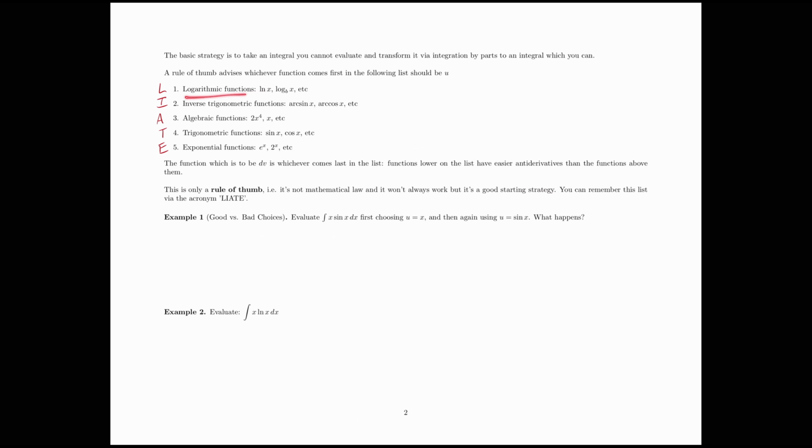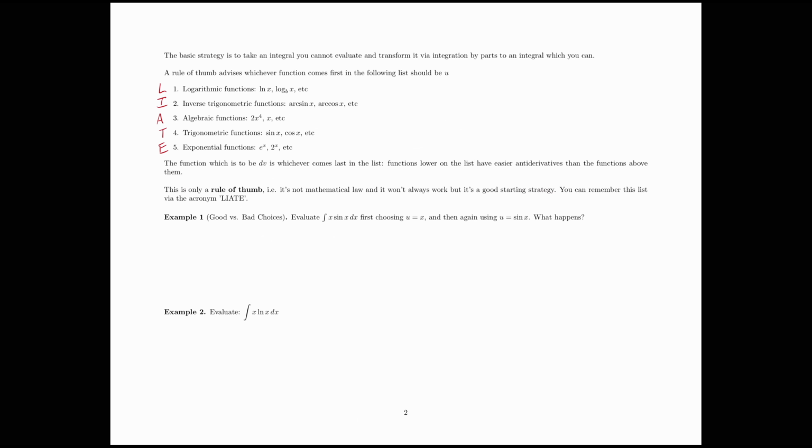Logarithmic functions: natural log of x, log base b of x, maybe log base 10 of x, the common logarithm. Inverse trig functions. Algebraic functions, in other words, polynomials. Trig functions, sine, cosine, not the inverse trig, just regular old trig functions. And exponential functions, e to the x, which is what we're mostly familiar with, but also any kind of exponential function, 2 to the x or whatever.